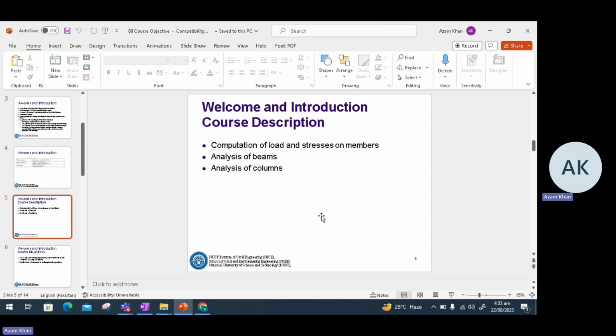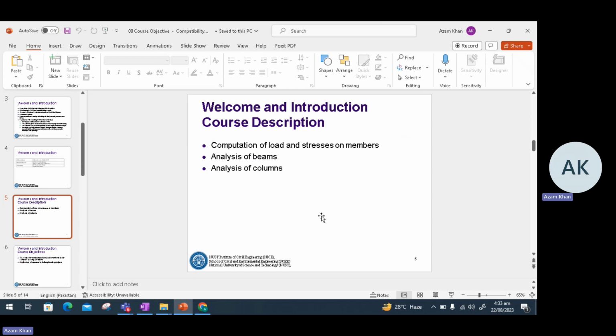Now, course description. Mechanics of Solid 2 will mainly deal with computation of loads and stresses on members. You have done Mechanics of Solid 1, where you were introduced to stresses and strains. This course will go a bit deeper into stresses and strains.